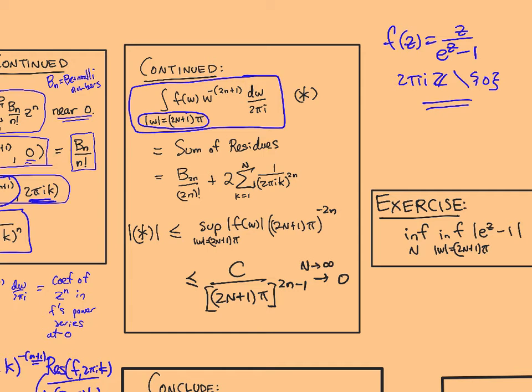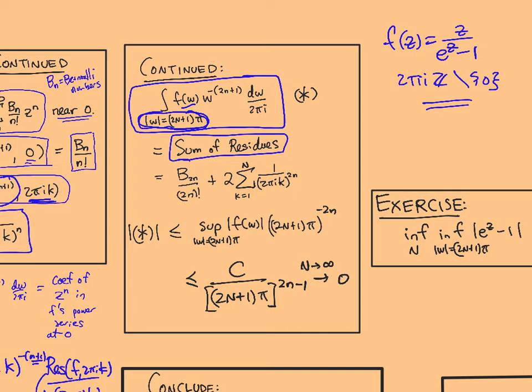Okay, and this looks like a formula used to compute a coefficient of an analytic function, but f is not analytic inside this circle. It's meromorphic there, and that's what the residue theorem does. It sort of accounts for the lack of analyticity inside there. So this will be equal to the sum of the residues, which luckily we've already computed.